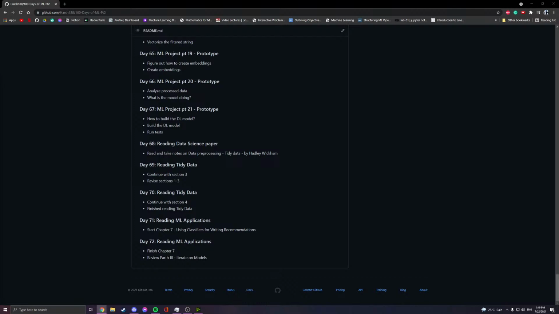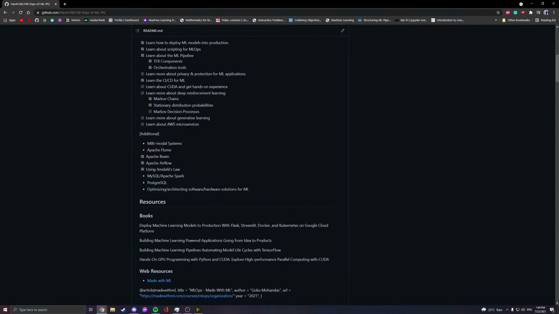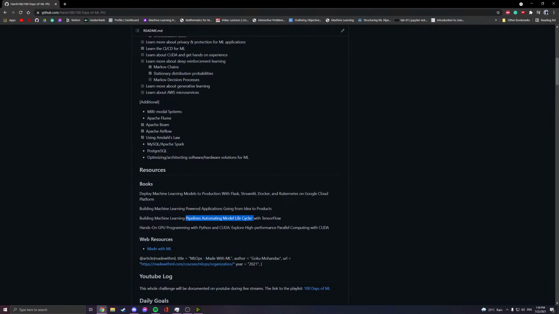For deployment, I think I've done enough. I've read a whole book on deployment, and even the previous book I read, what was it called? Deploying ML applications, something like that. Oh, building pipelines and automating life cycles. That was one of them. It went over deployment using Kubernetes and also GCP.